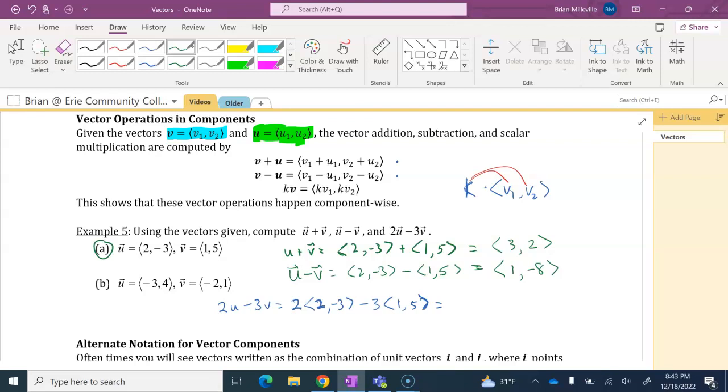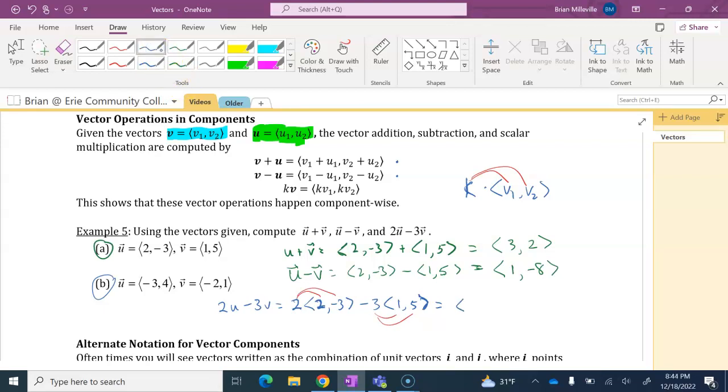For part B, let's just do the third part listed, what we refer to as a linear combination, 2u minus 3v. The first thing we need to do is the scalar multiplication. So we're going to multiply the 2 through the first vector, multiply the 3 through the second vector, and then subtract.